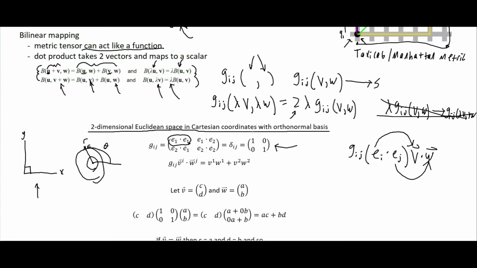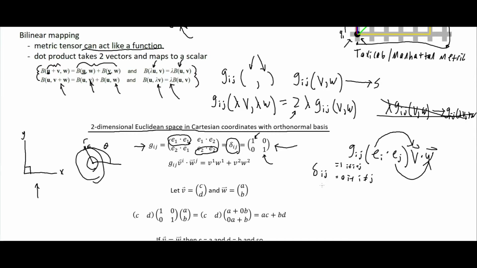But since they're orthonormal, if we have e1 dot e1, that just gives us 1. If we have e2 dot e2, that also just gives us 1. And e1 dot e2 or e2 dot e1 will both give us 0. And so this metric can also be thought of as the Kronecker delta, which just means that it equals 1 if i equals j and equals 0 if i does not equal j.